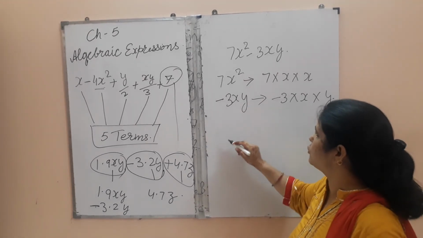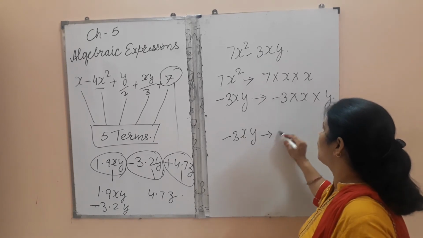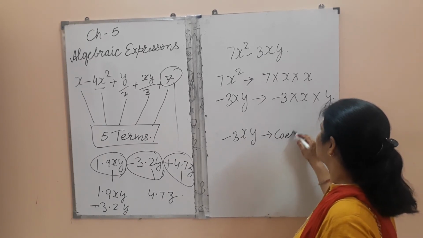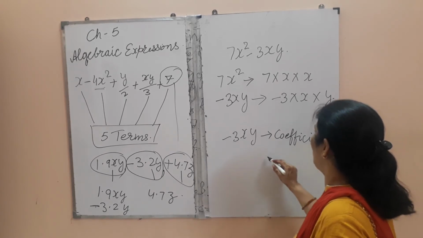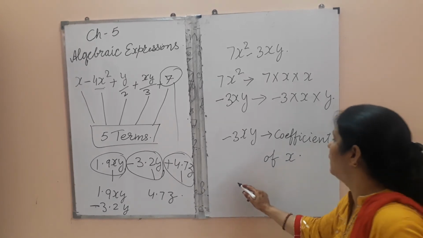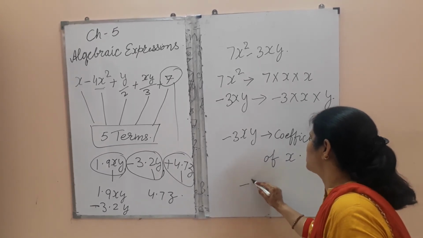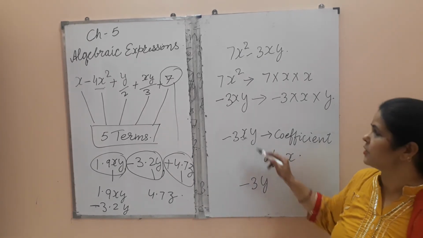If we want to find in minus 3xy, what is the coefficient of x? It will be minus 3y. What are the associates of x?